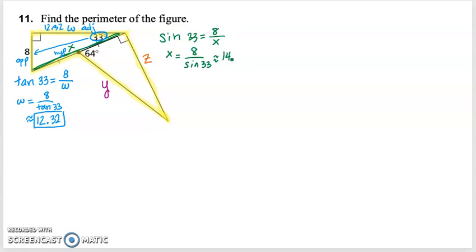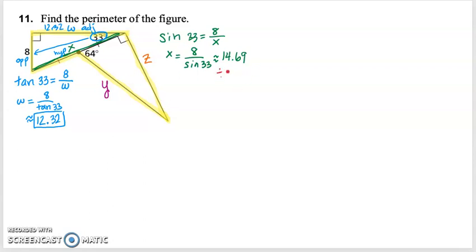So that's 14.69, which is something we needed to know, but we need to actually split that in half because we've got these two parts, and one of those is going to go in the perimeter and the other one is going to be the bottom side of this triangle.